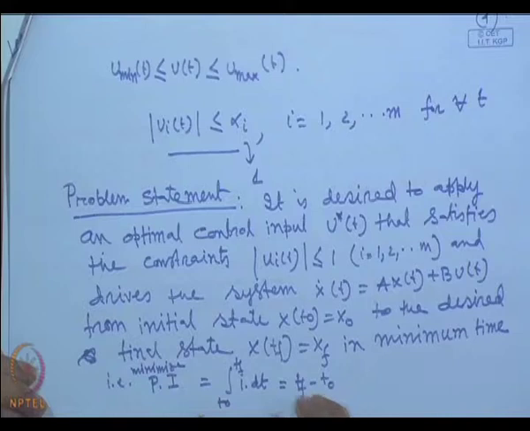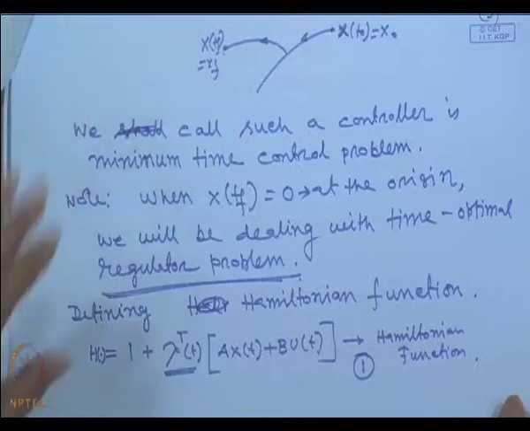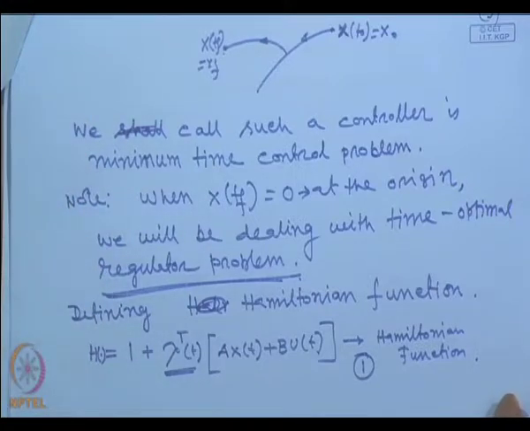So, our performance index, which we have to minimize, means we have to find the minimum value of the time t f, and that is solved by using the Pontryagin minimum principle, PMP.